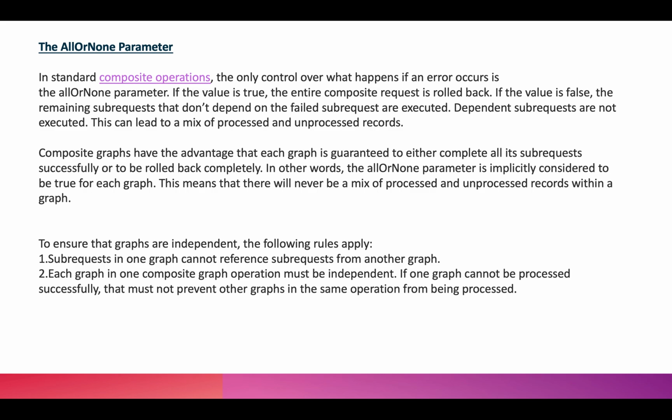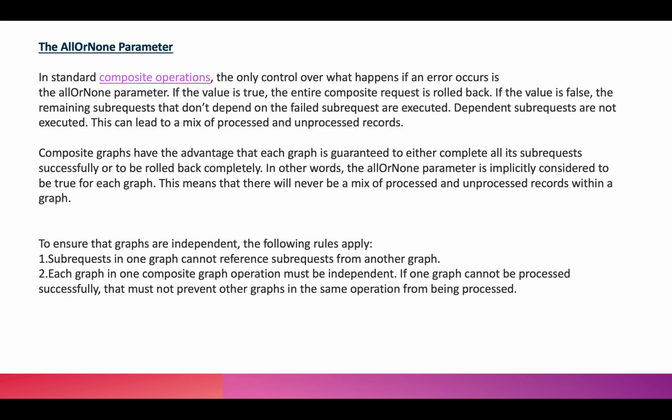To make sure the graphs are independent, the basic rules which apply are like this. A sub request in one graph cannot reference a sub request from another graph. It's evident, because if a sub request references a previous request which is bound to error out, then these graphs will be tightly bound to each other, with a very strong bond.